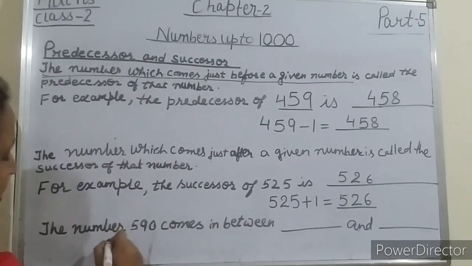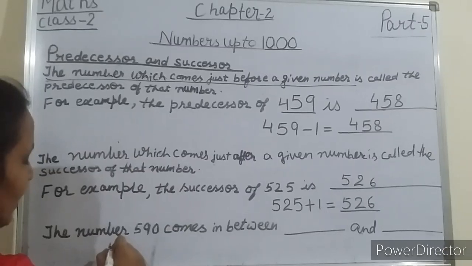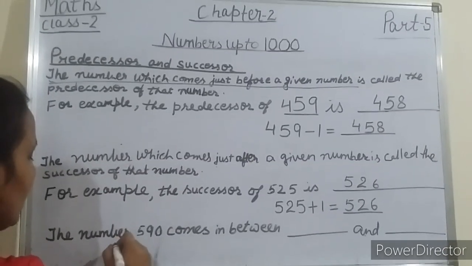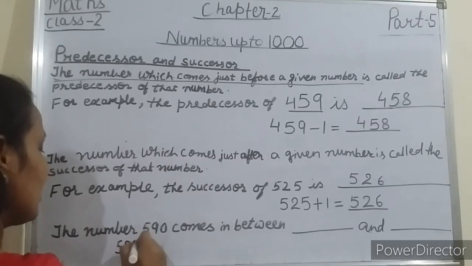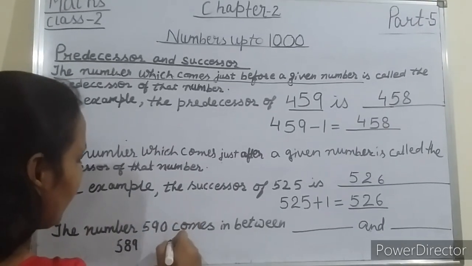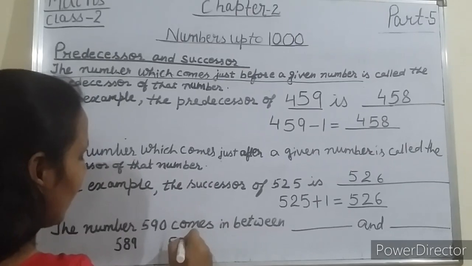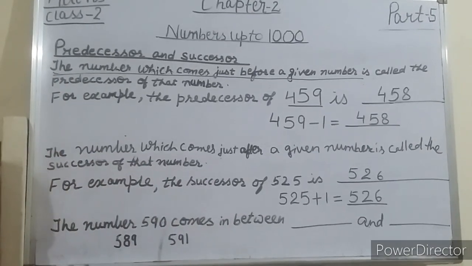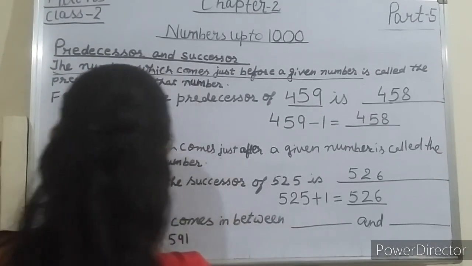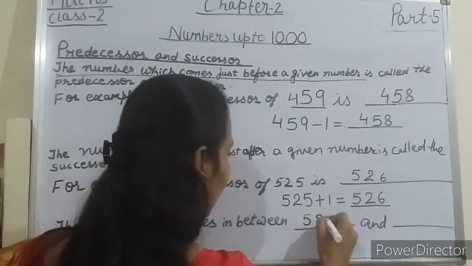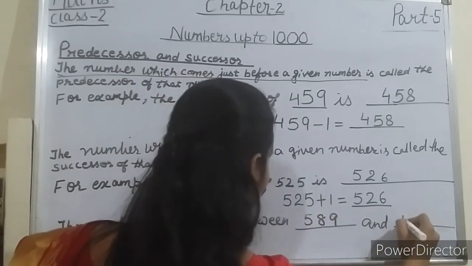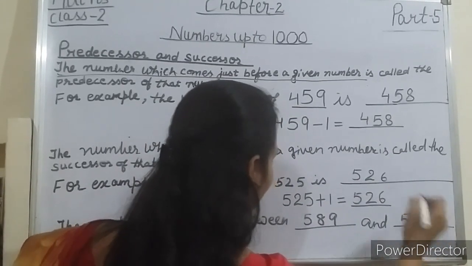So 590 comes between 589 and 591. So what will you write here? The number 590 comes in between 589 and 591.